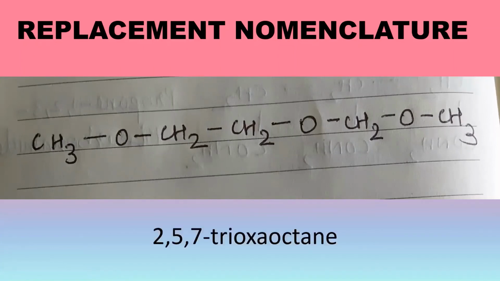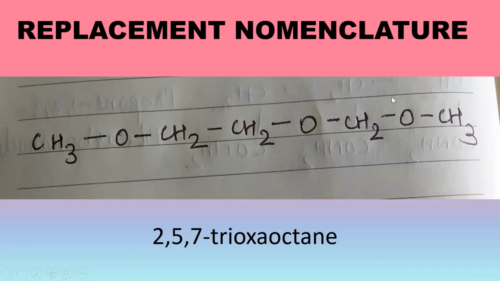So the name of this compound will be 2,5,7 trioxaoctane, because if I take this to be a complete chain, it has 8 atoms present in it. That is 1, 2, 3, 4, 5, 6, 7, 8. There are 8 atoms present in this total chain, in which the second, fifth, and seventh ones are ethereal oxygens. So we name it as 2,5,7 hyphen trioxa, because the prefix used in this case is oxa, octane.